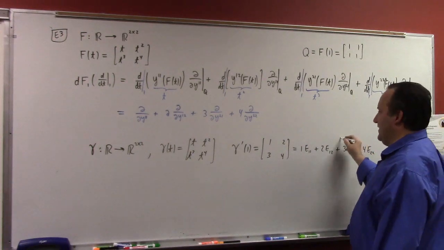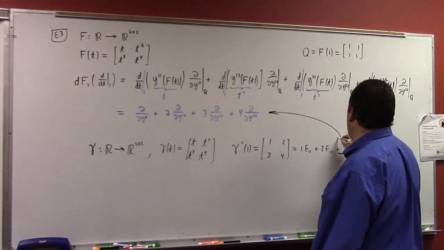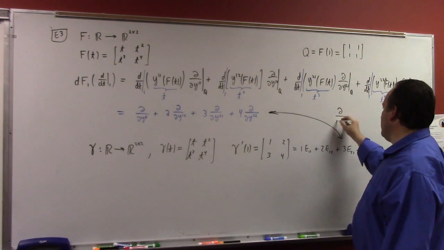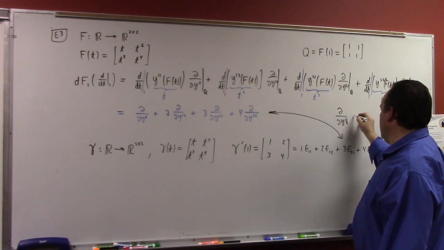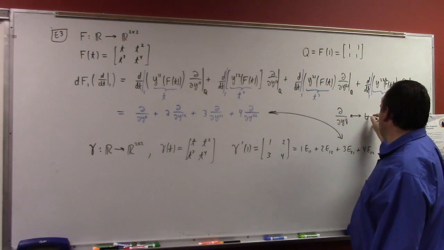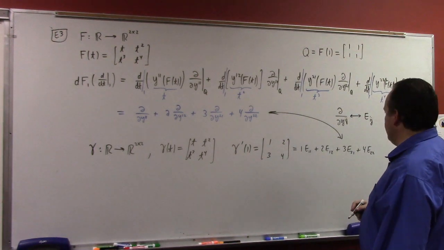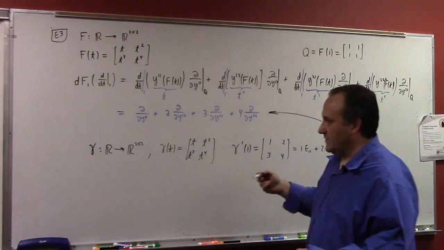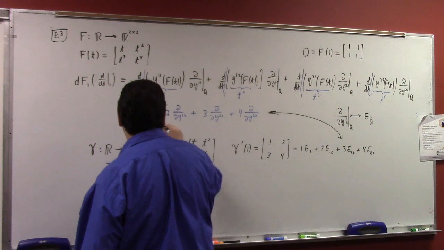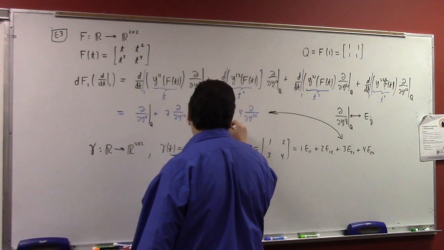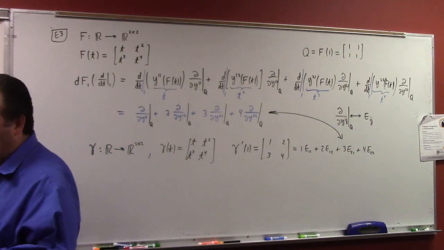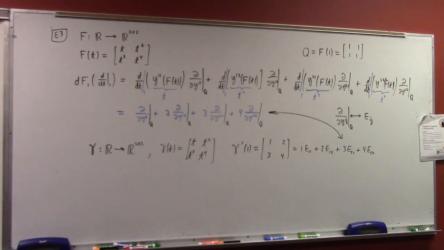All right, so to get back and forth from this viewpoint to that viewpoint is to identify partial yij with Eij, of course at the point Q. These are all at Q. And we are distinguishing tangent spaces at different Q's, right? That's part of what's going on here.